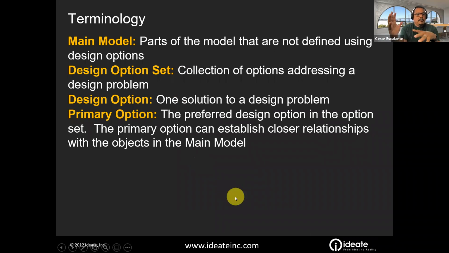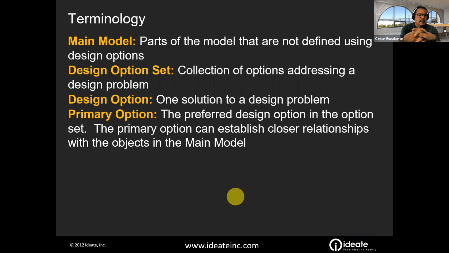Now, within the option set, there's one labeled as the primary option, which is the preferred design option in an option set. And it's important in Revit because the primary option establishes a closer relationship with the elements in the main model.